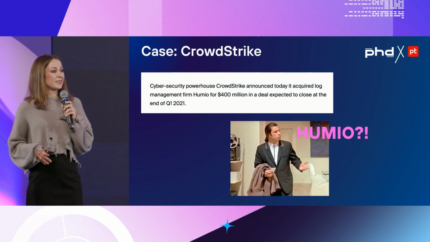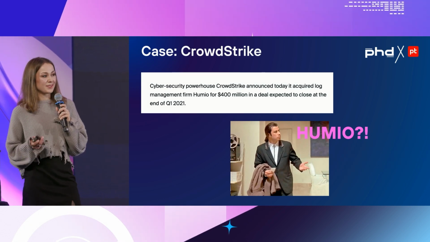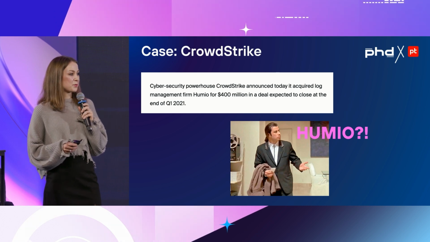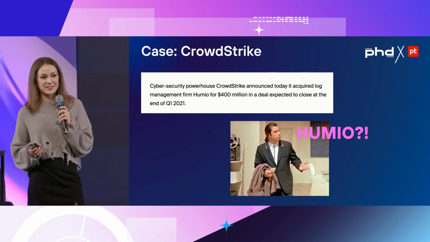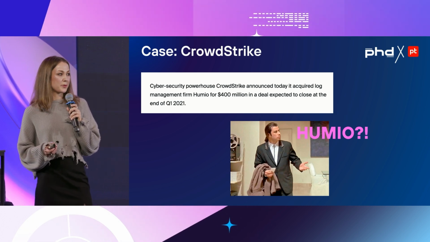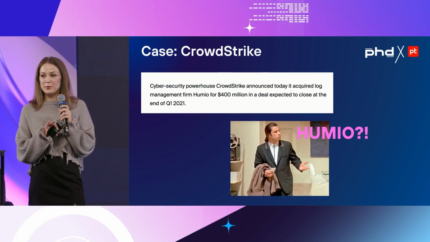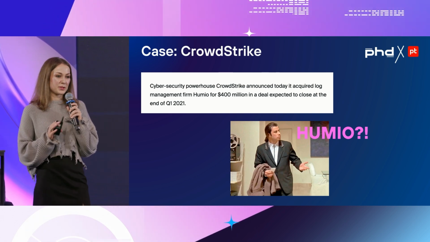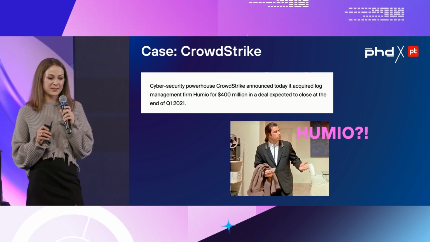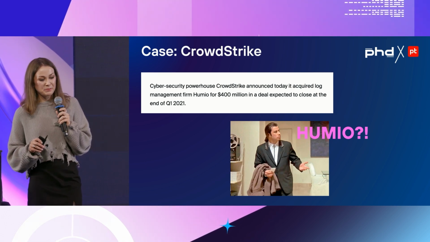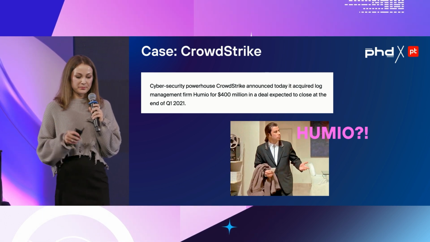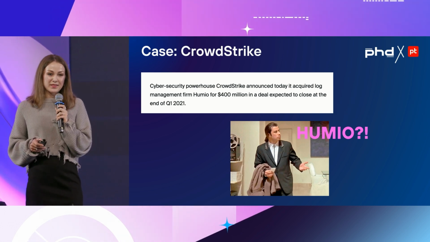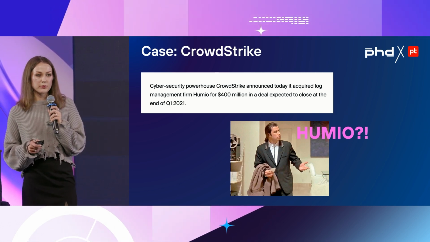And the next case, which is very relevant for today, is the company CrowdStrike. Probably you heard about them back in 2024 when there was a huge Windows failure because of an update of one of the products of CrowdStrike. But we are talking about a different thing, not the failures.